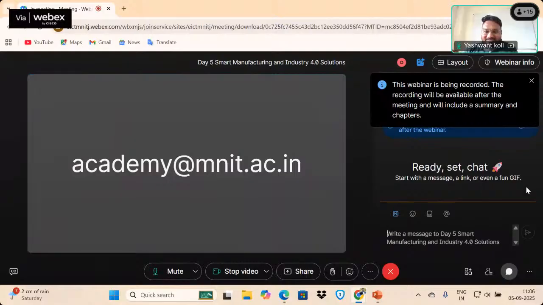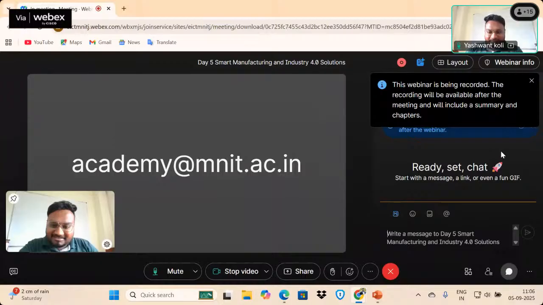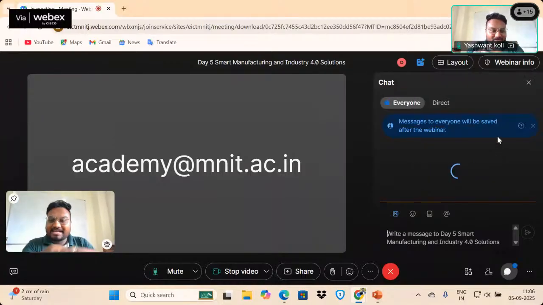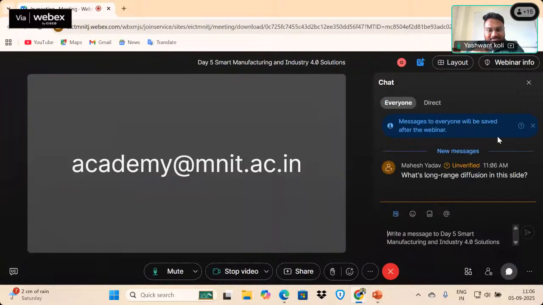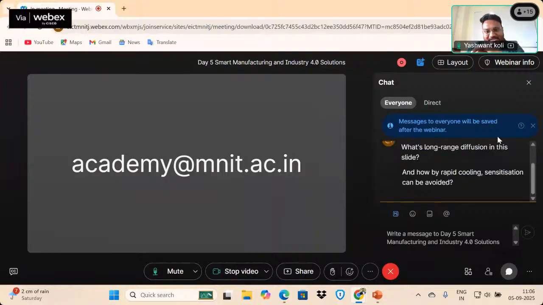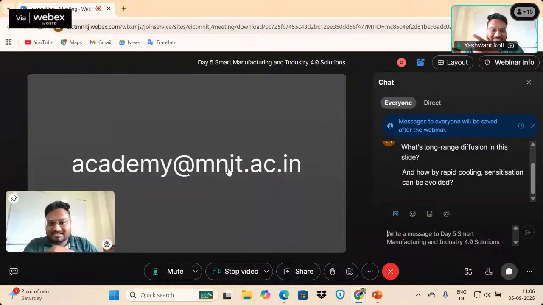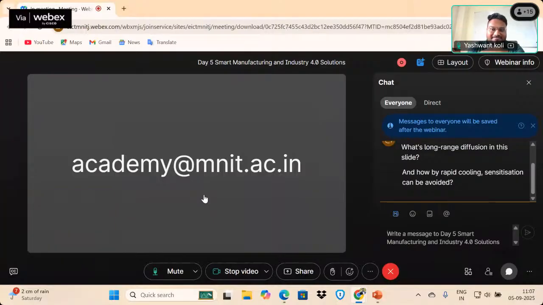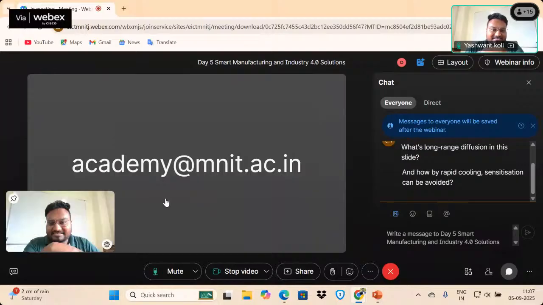This is a common question, how we differentiate between the ferrite morphologies. If you take the cross section and look at the microstructure, you can see the morphology is different. Vermicular is like vermicelli, the food that you eat.